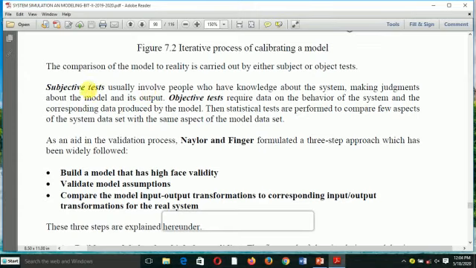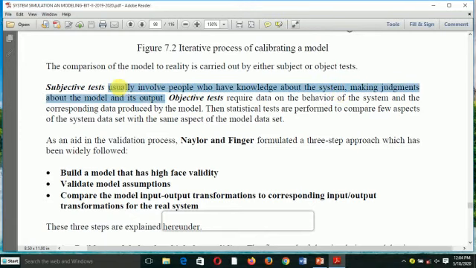So we can have subjective testing or objective testing. Subjective testing usually involves people who have knowledge about the system, making judgments about the model and its output.